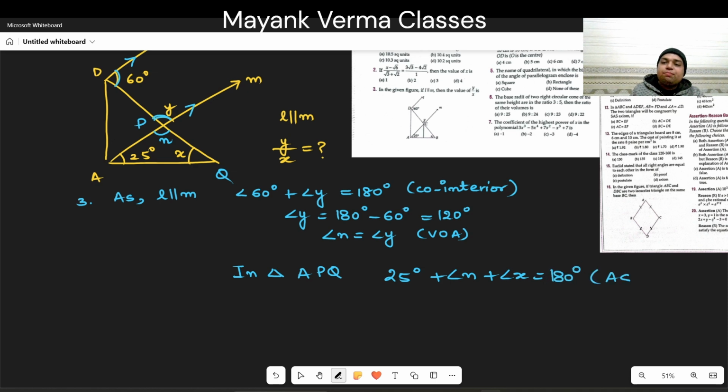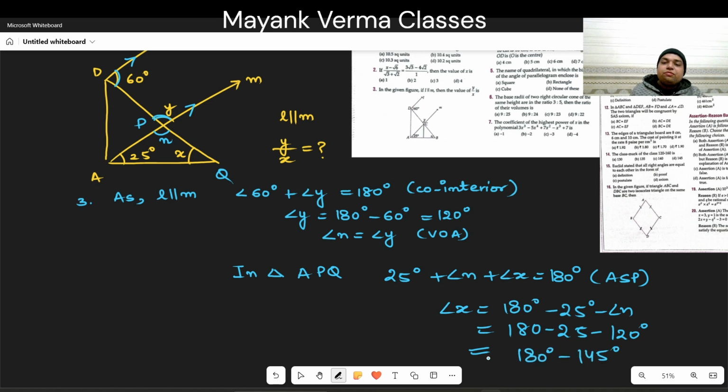Reason, angle sum property. So angle X will be equal to 180 degrees minus 25 degrees minus angle N. So that is 180 minus 25 minus 120, right? So 180 minus 145. So that will be 35 degrees.